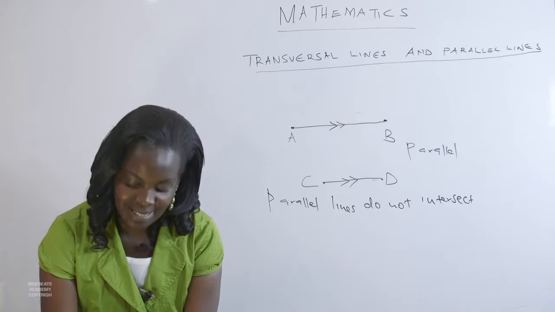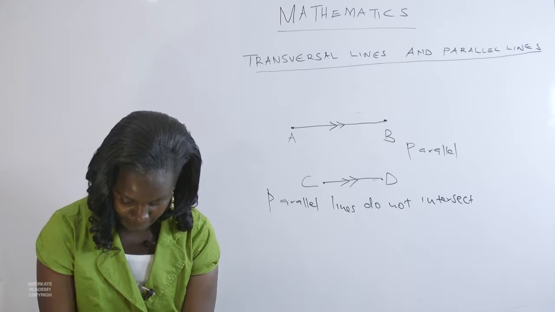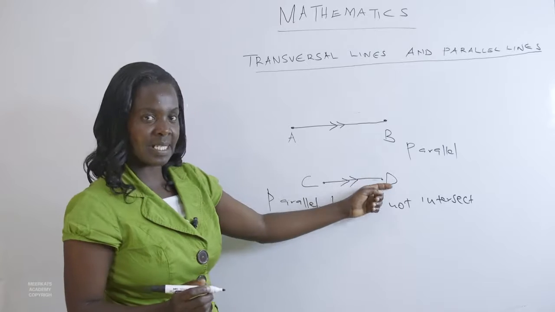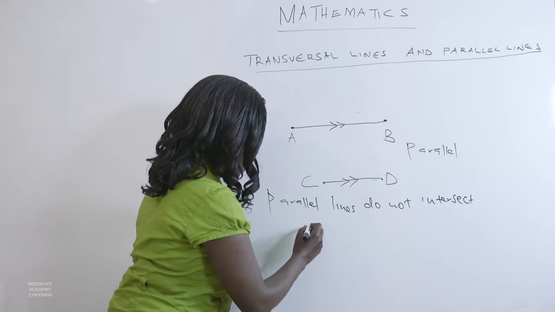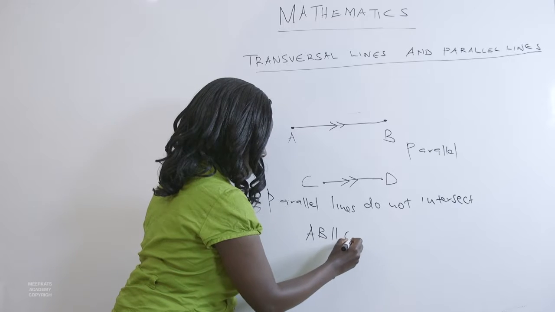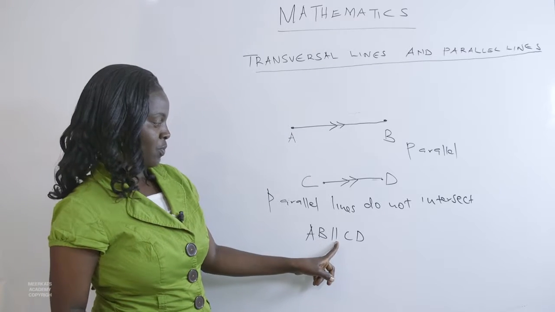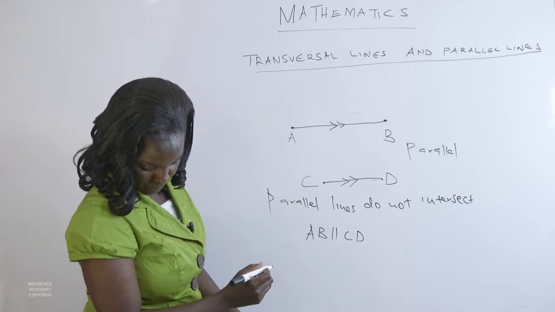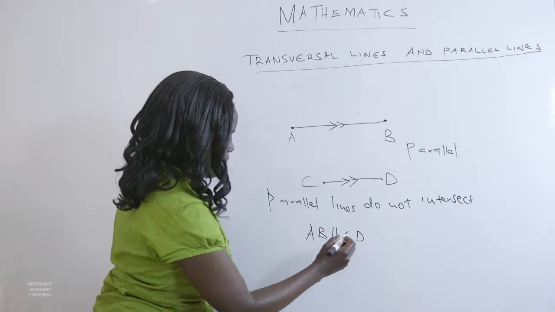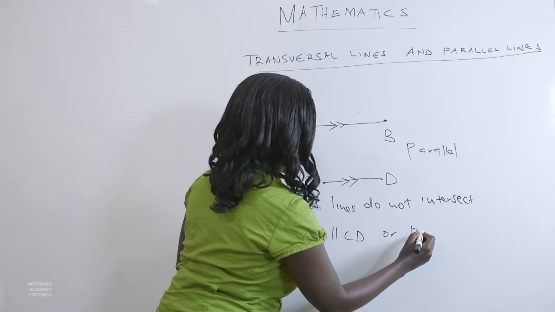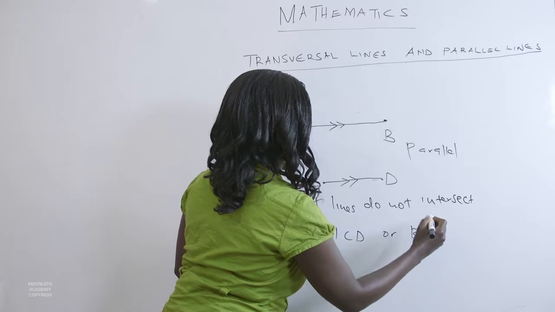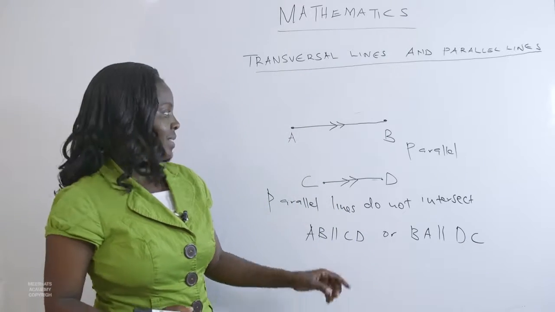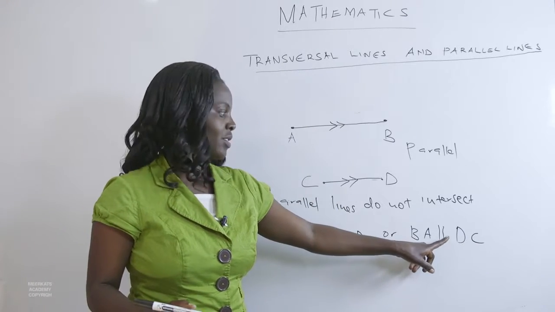So when you're talking about parallel lines, when we are supposed to indicate that line AB is parallel to CD, this is how we write. These two lines mean parallel. You will note that BA is parallel to DC.